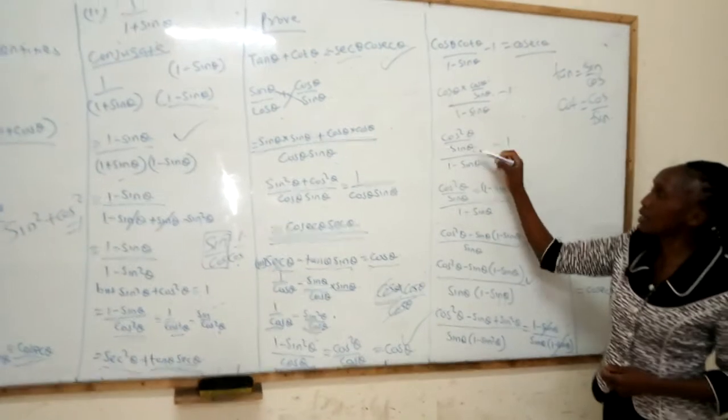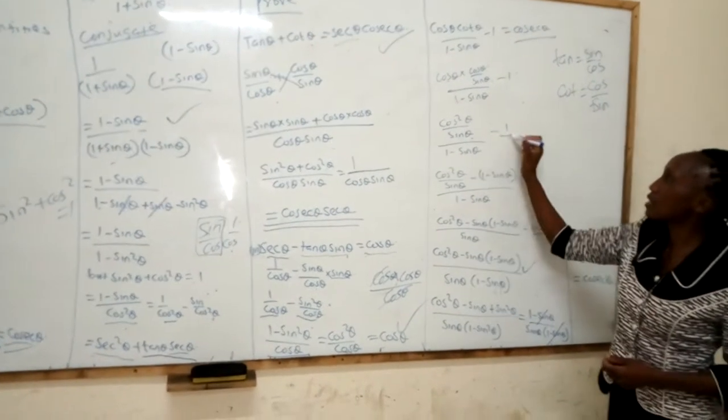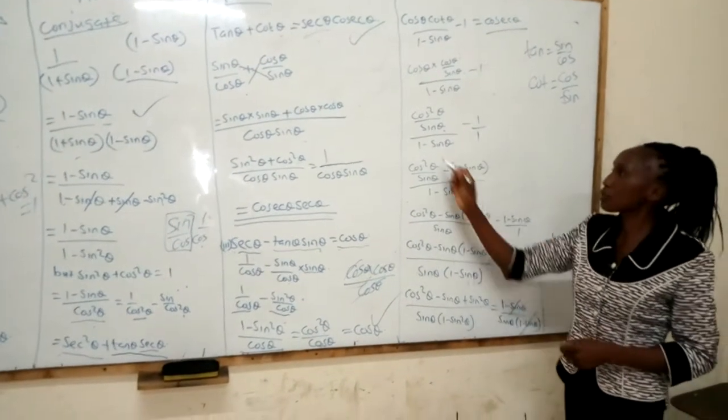You have cos squared theta over sine theta minus this, which is the same as sine over 1. You cross multiply this.